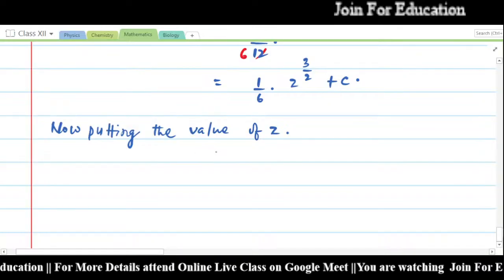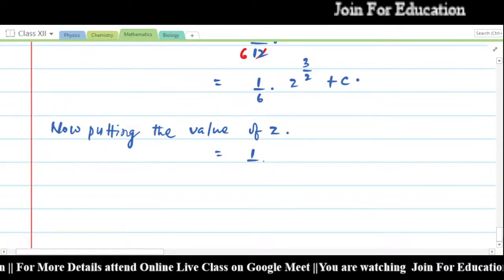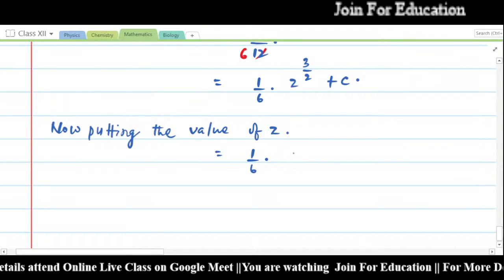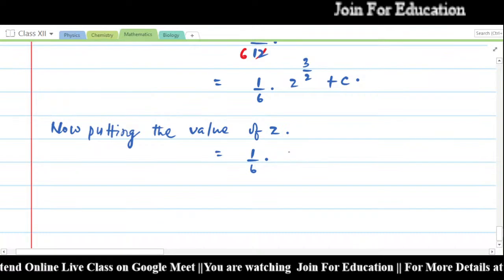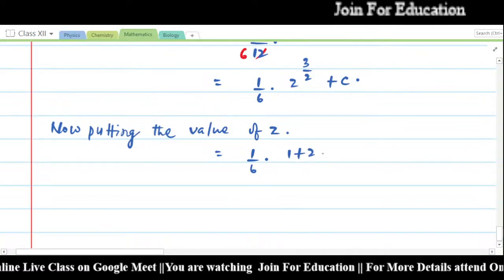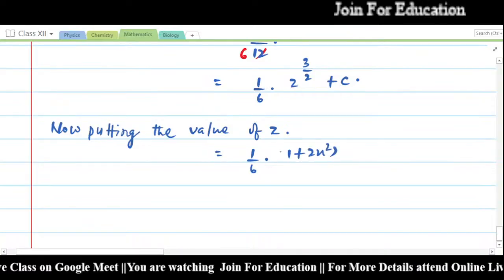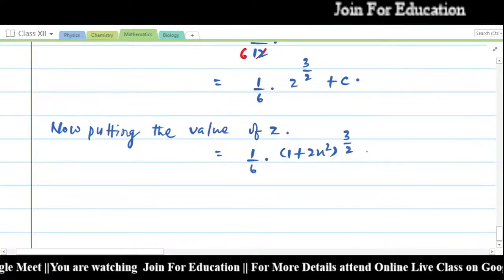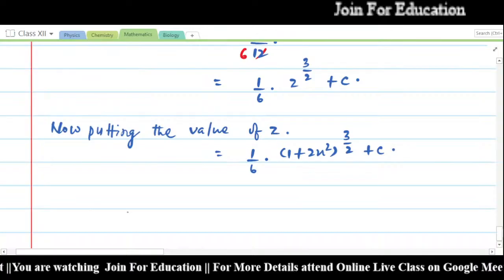So here it will be equal to 1 by 6 into 1 plus 2x square to the power 3 by 2 plus c.